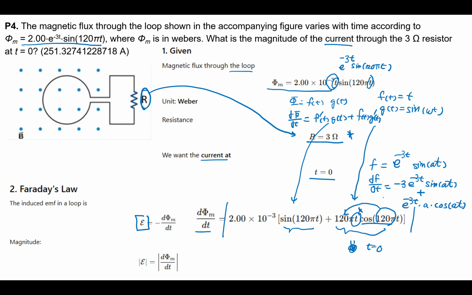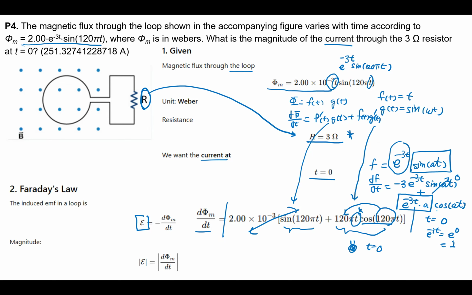So if you have an exponential term and sine, and you want to evaluate at t equals 0, because of the sine, this term goes to 0 and this term is left over. At t equal to 0, exponential minus 3t is exponential 0, which is 1.